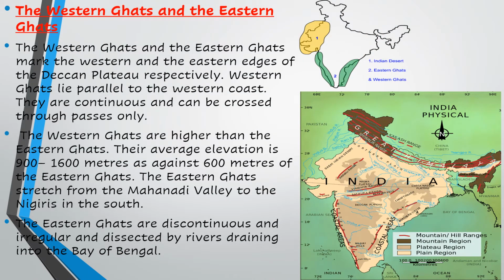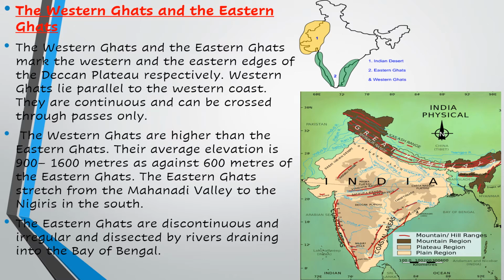So we have studied the Peninsular Plateau, and in the Peninsular Plateau we studied the Central Highlands and the Deccan Plateau. Now we are going to study the Western and the Eastern Ghats. You can see the Eastern Ghats. The Western and the Eastern Ghats come under the Deccan Plateau.